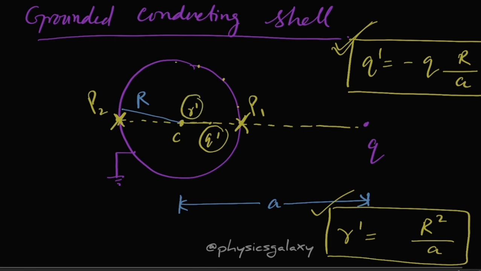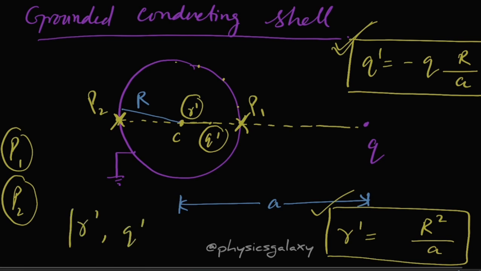From p1 you will have one equation, and from p2 you will have a second equation. So two potentials will give you two unknowns, r dash and q dash. If you solve that, you'll get these results.